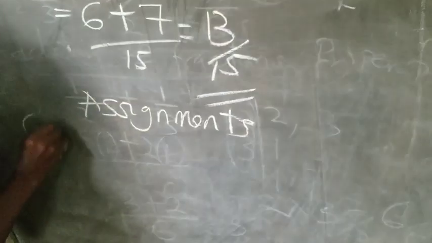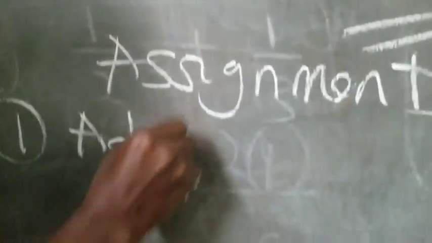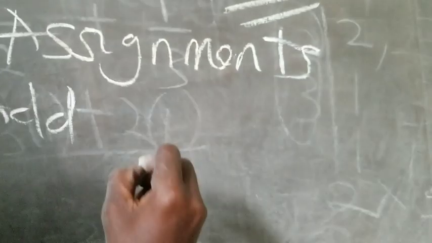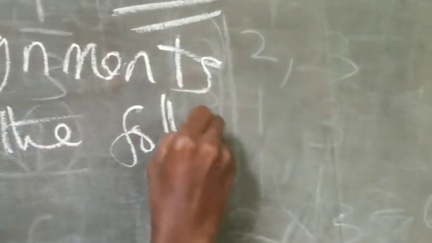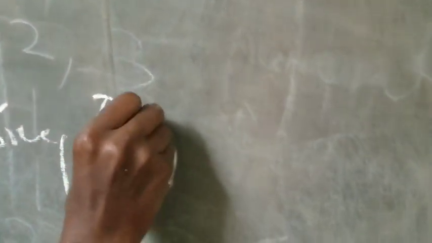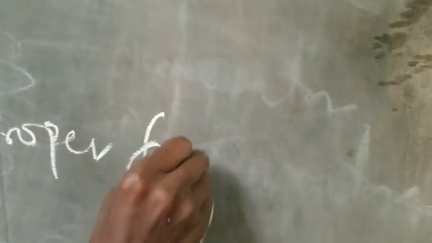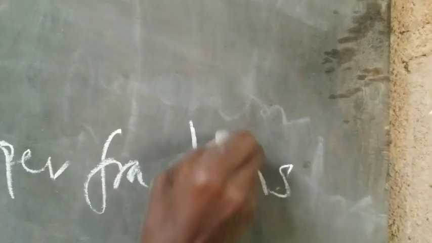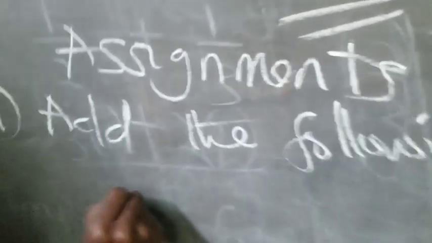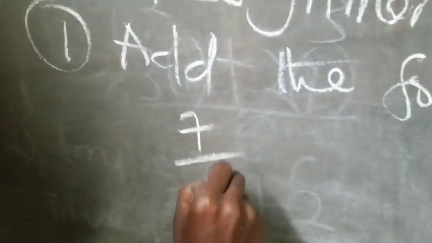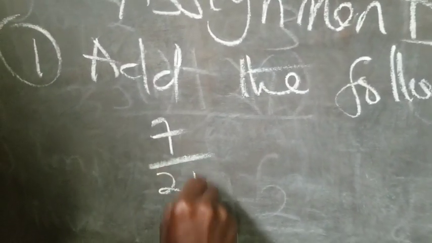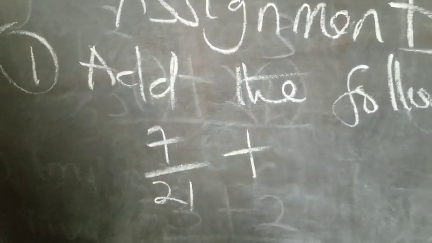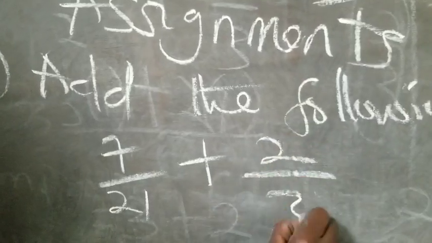Assignment number 1, add the following proper fractions. 7/21 plus 2/3.